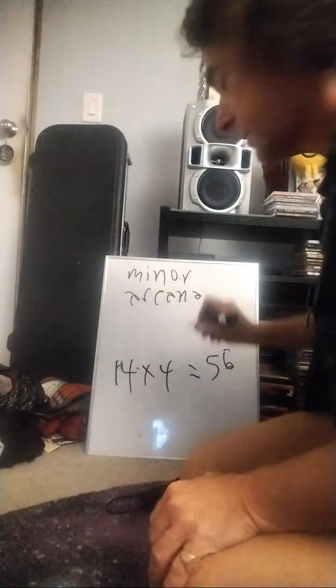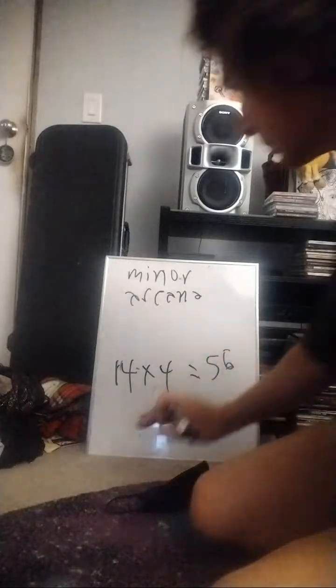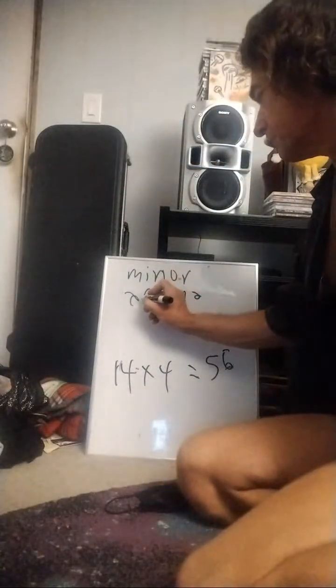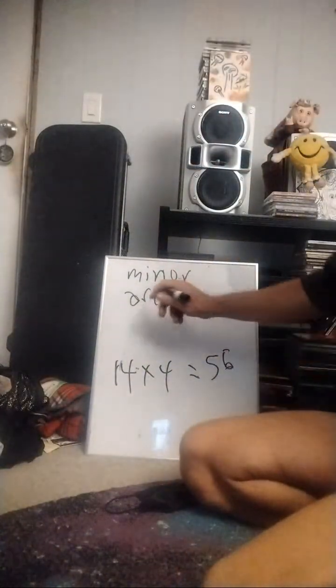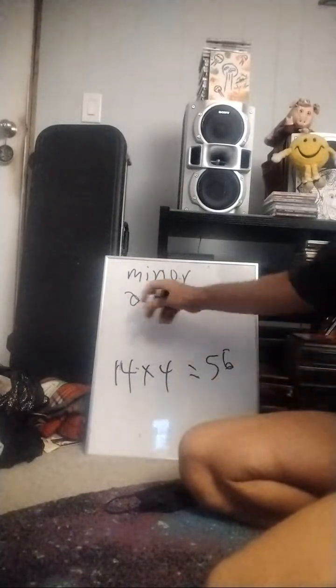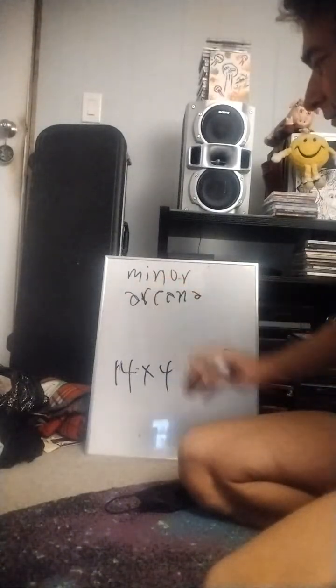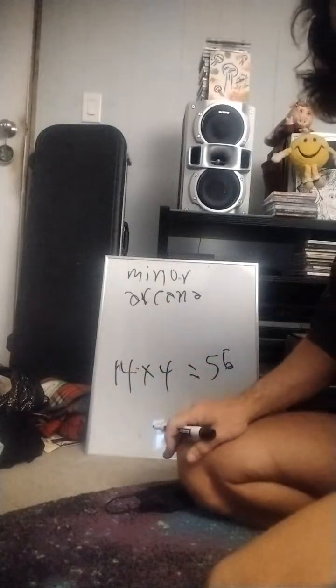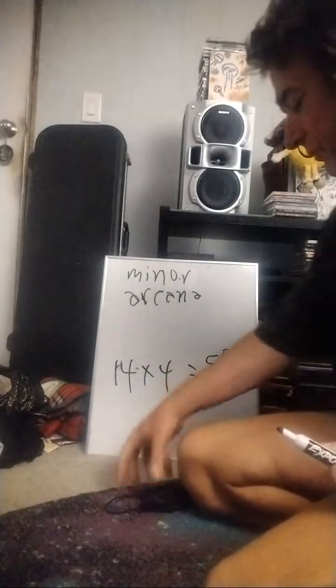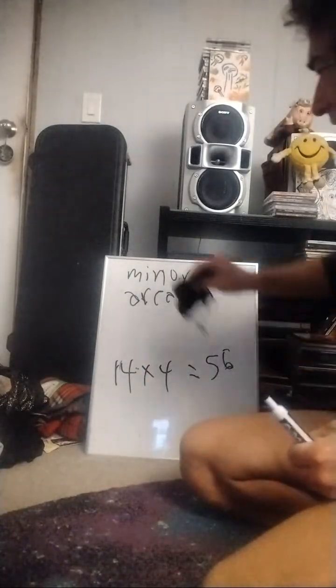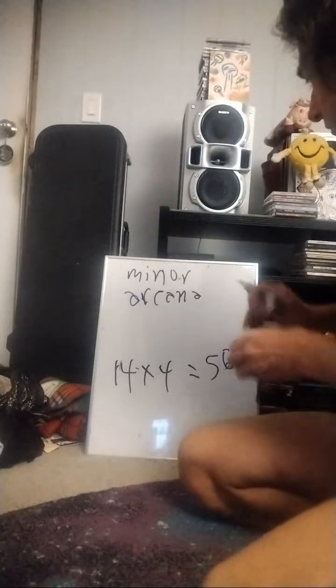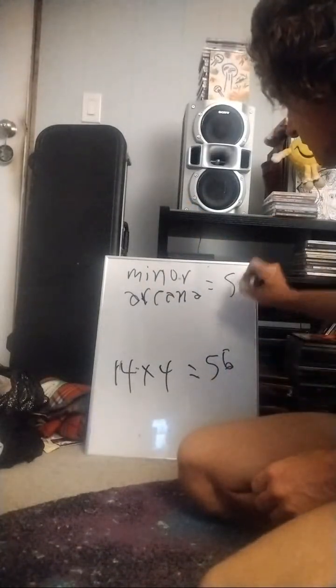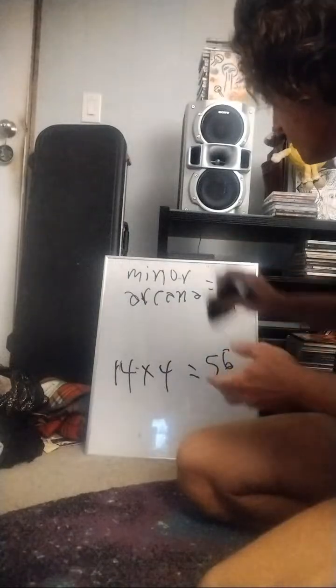Non-Trump cards, just not Donald Trump, but non-Trump cards. Minor being less than major, and arcana may refer to the word arcane, which means old, ancient, whatever. I'm not sure what that means, but those are the 56 cards in the minor arcana. There's 56 in the minor arcana.